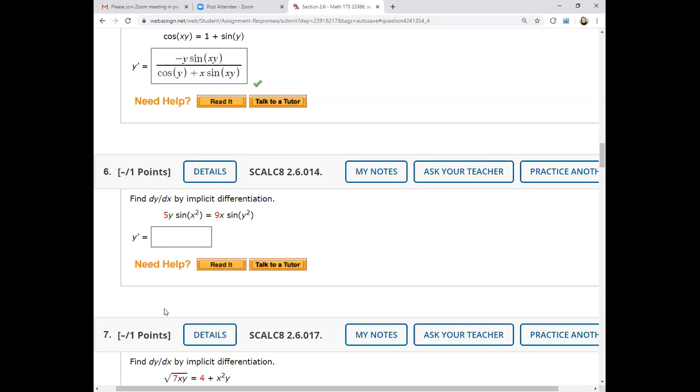So then now I have 10xy cosine x squared minus 9 sine y squared over 18xy cosine y squared minus 5 sine x squared equals dy dx.